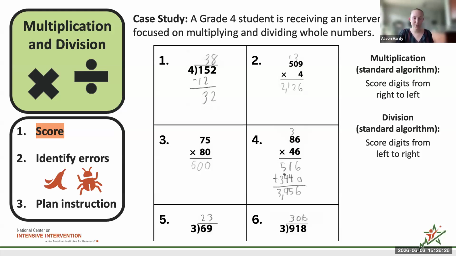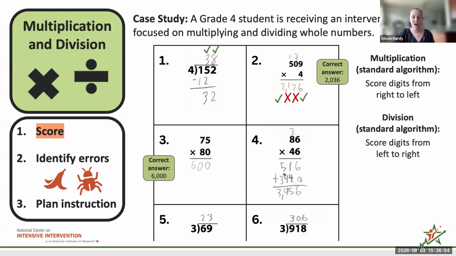But here, starting with item 1, we have a division item that was solved correctly, and we scored from left to right. Next, we have multiplication, where we see our first error. The digit in the ones place is correct, and the digit in the thousands place is correct, but we have some incorrect digits there in the middle. So if we were scoring this so far, we would have 4 correct digits across the first and second item.